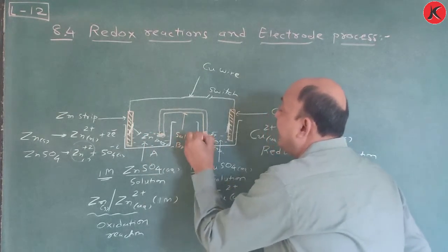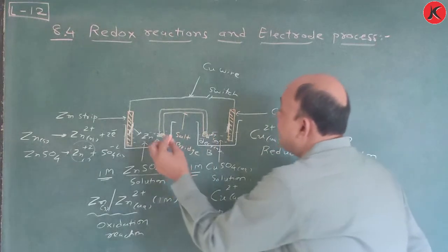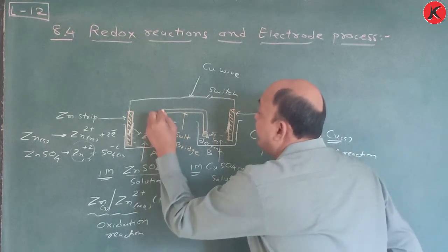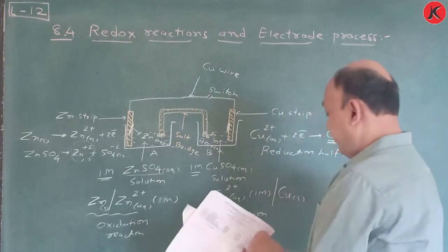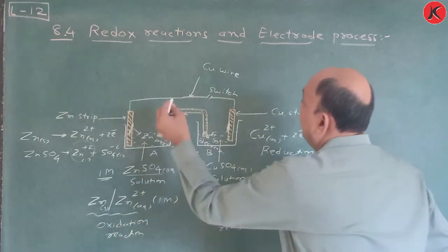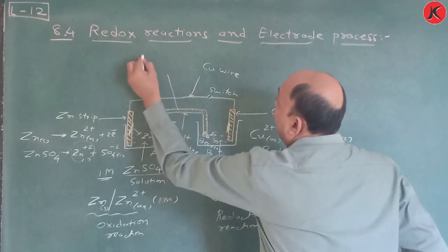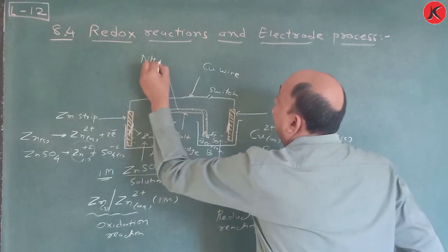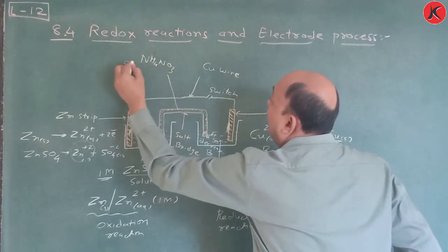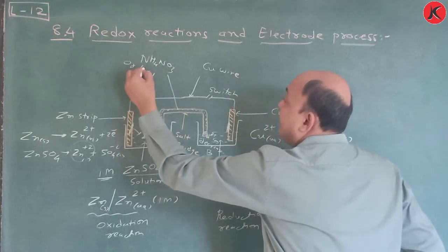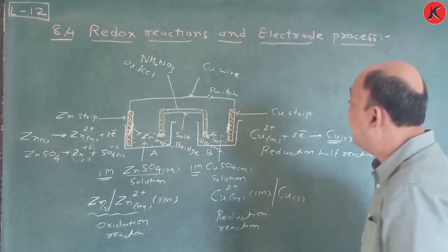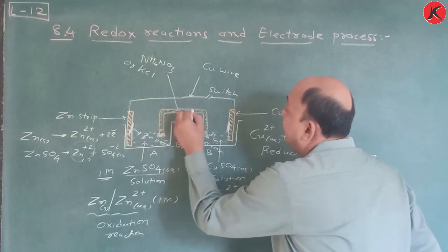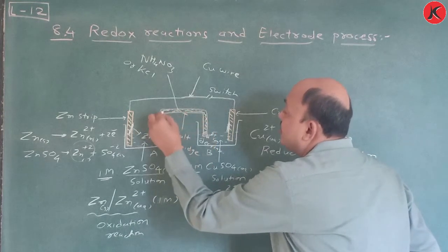So there is no ion left, but you see which particular salt this salt bridge contains. Here in your book it is written NH4NO3 or KCl, potassium chloride with agar solution. So here we fill this solution.